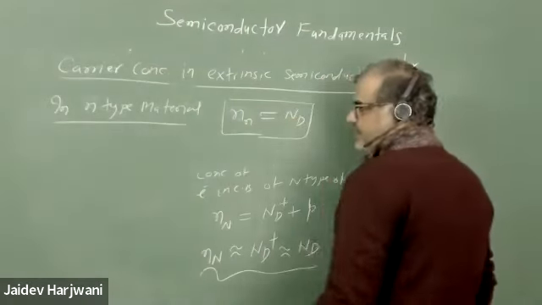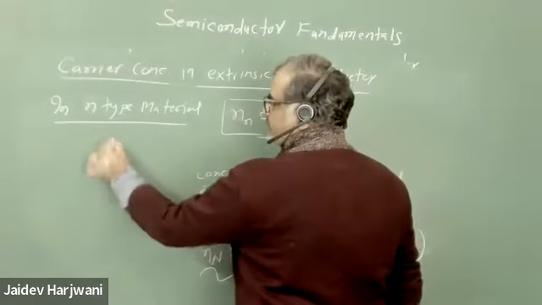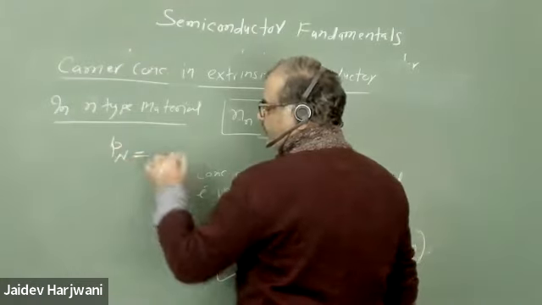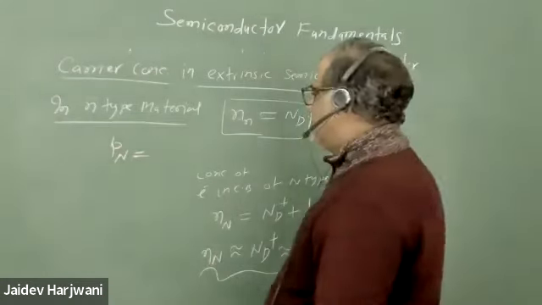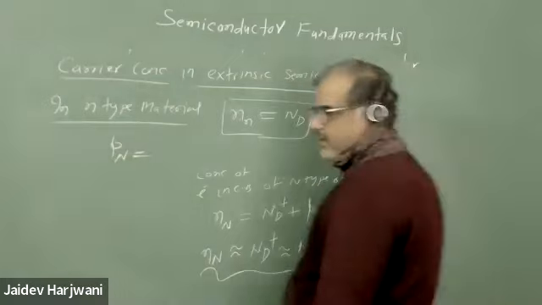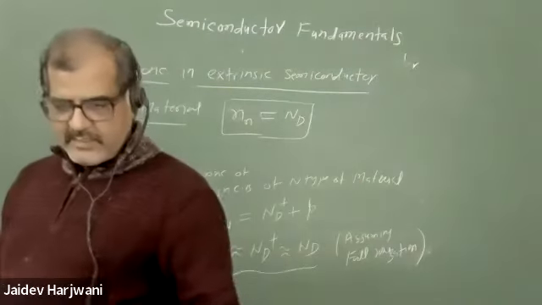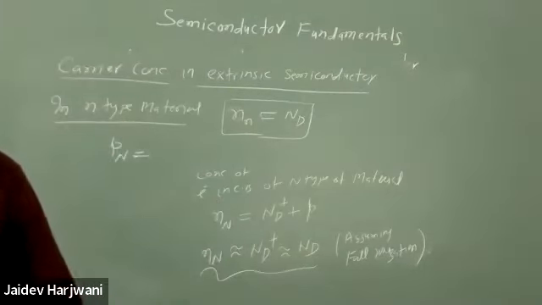Now I want to find the number of holes present in n-type material. How many holes are present? If I want to calculate that, I can make use of the law of mass action.